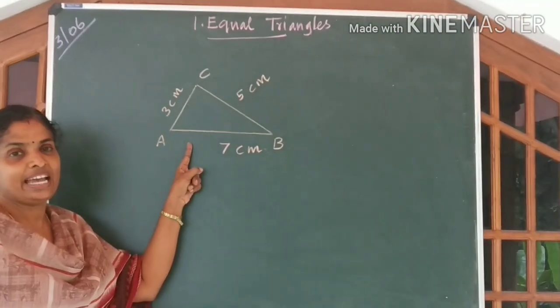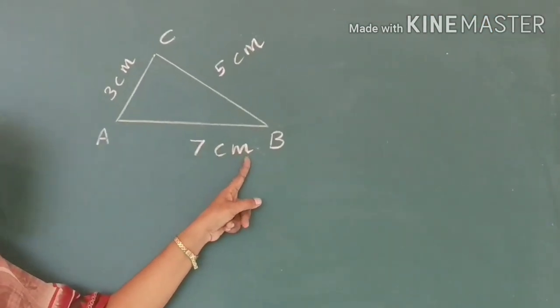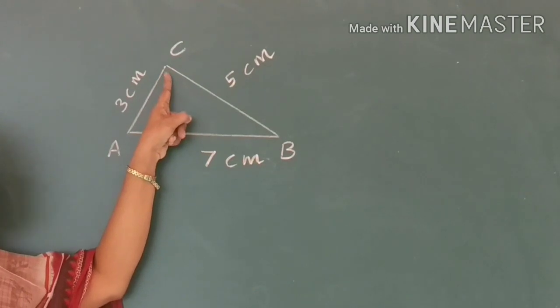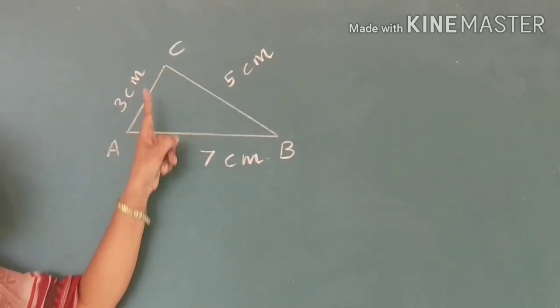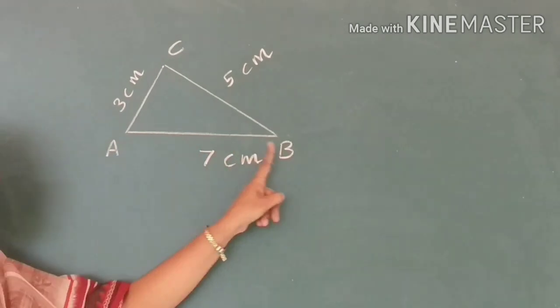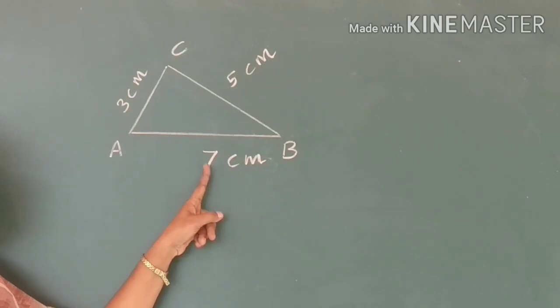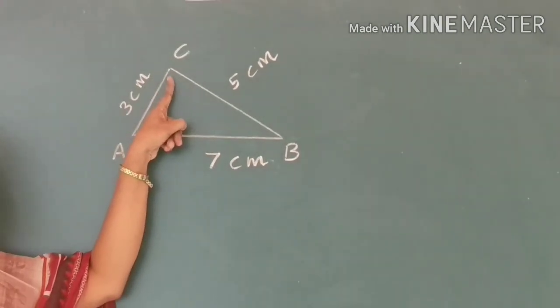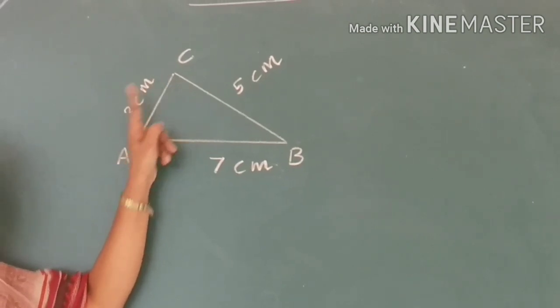Then you will understand opposite to the longest side, you will get the biggest angle. Is it clear? Opposite to the longest side, 7 cm, you will get angle C to be the largest angle of this triangle.